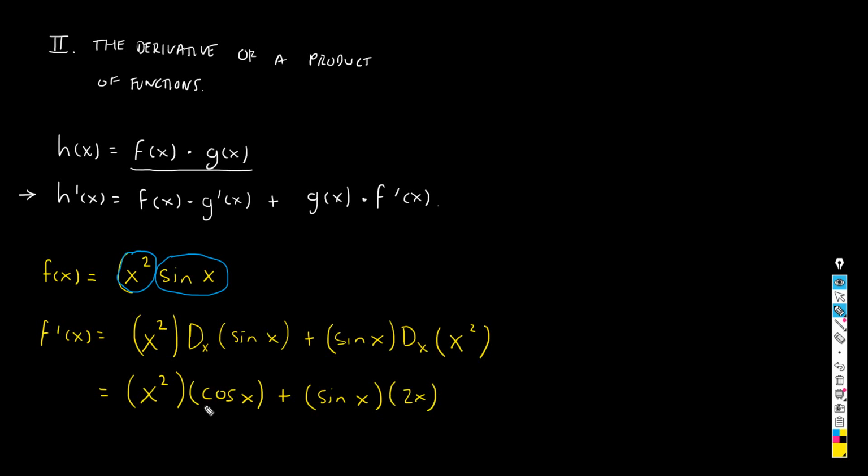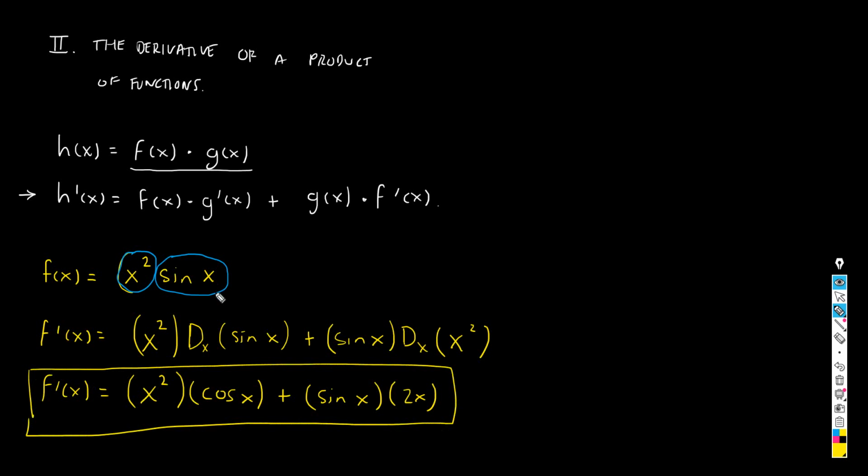And we are done, guys. There's nothing else to be done. And we have calculated the derivative of f following the rule of the product, okay? And I'm introducing you to this new operator, the derivative operator, okay?